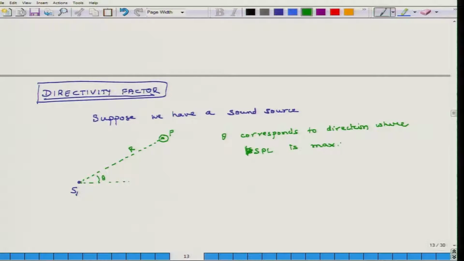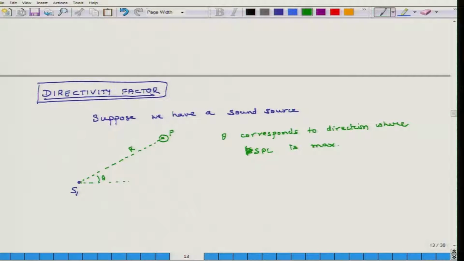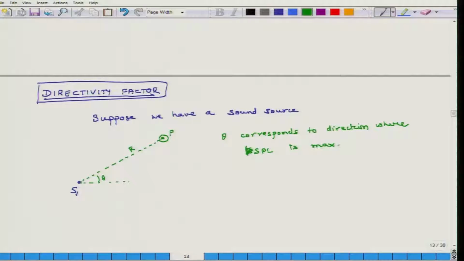In some cases theta could be 0. You take a microphone and at a distance r you scan and locate the angle theta where sound pressure level is maximum. So, the first thing is that you identify theta.